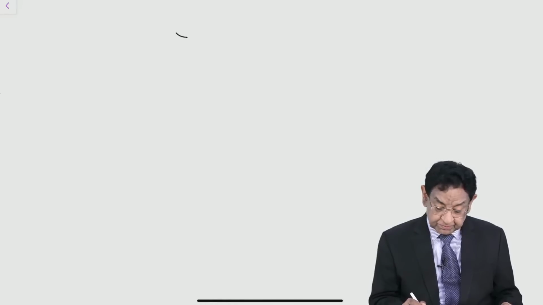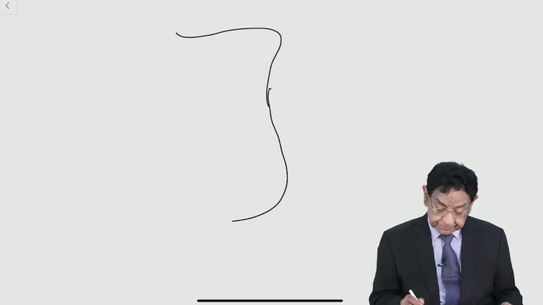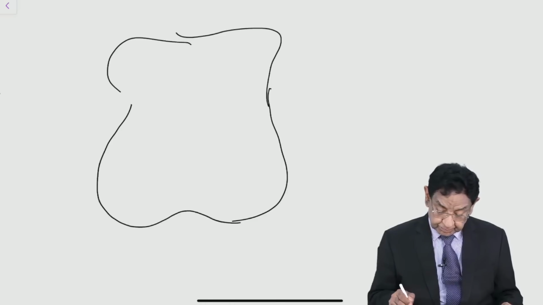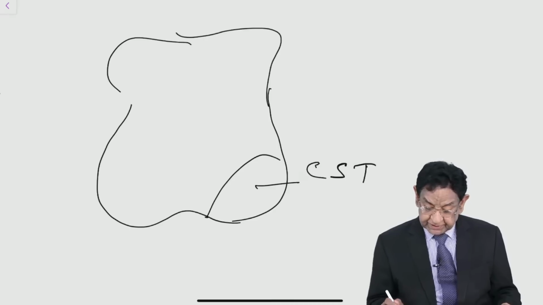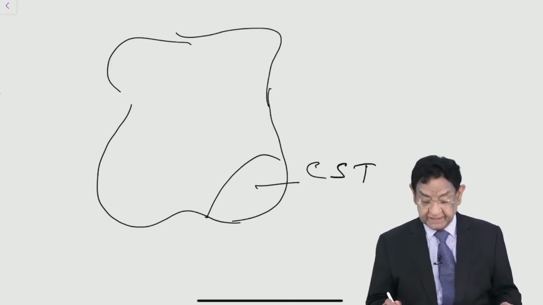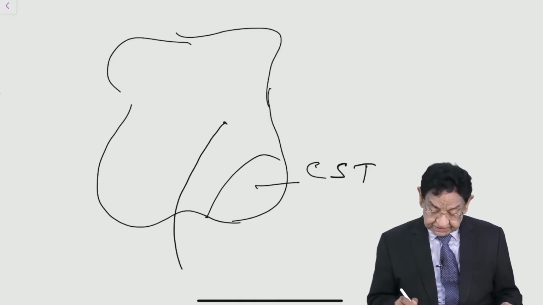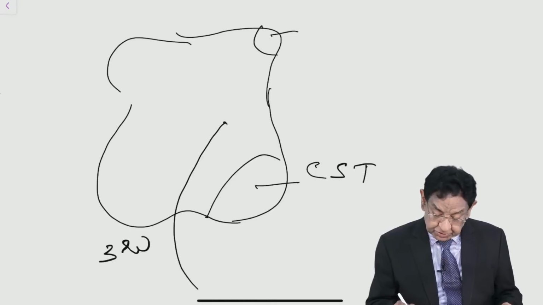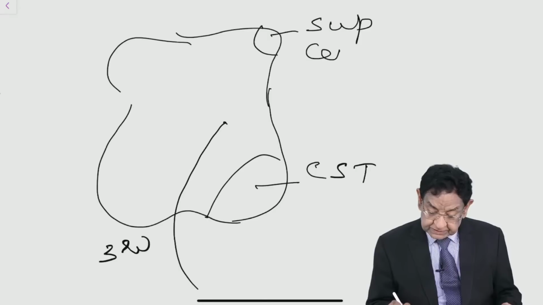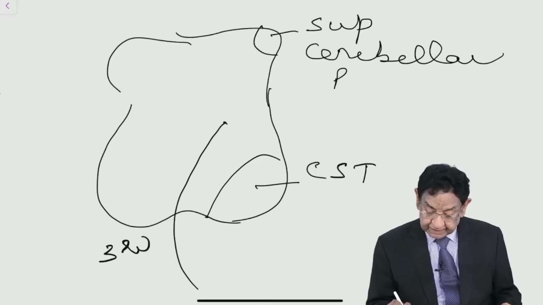In Weber syndrome, this is the corticospinal tract, so-called pyramidal tract. This is the third nerve. This is the superior cerebellar peduncle.